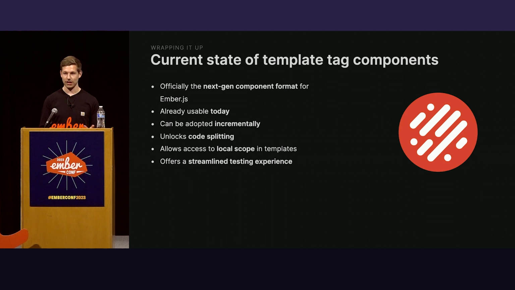It unlocks code splitting because we have these references, so the build tooling can better understand your code. It also has local scope access, as we saw for local helpers, local modifiers, even local components. And finally, it also offers a streamlined testing experience, which is also a big improvement in my opinion.